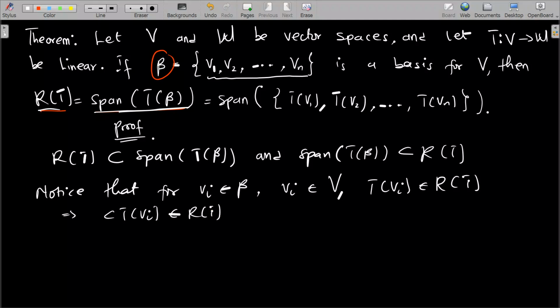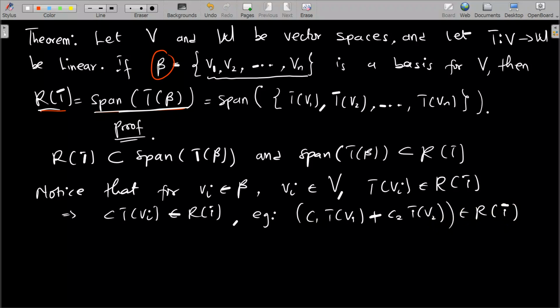And then again, if you pick the sum of different ones, for example, C1 T of V1 plus C2 T of V2 belongs to the range of T. And these are all coming from the idea that the range of T is a subspace.